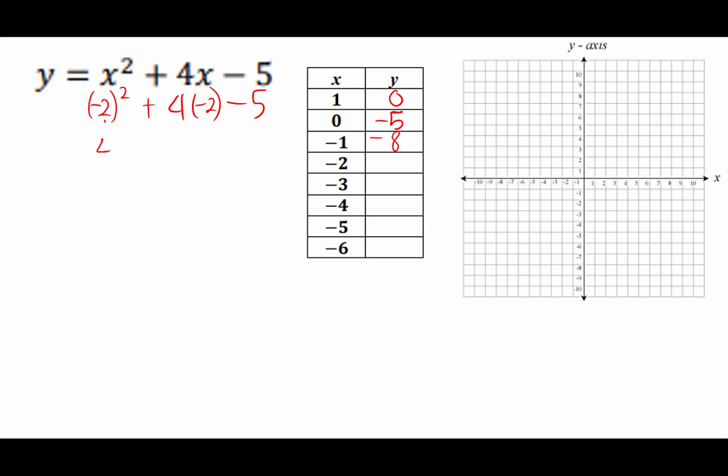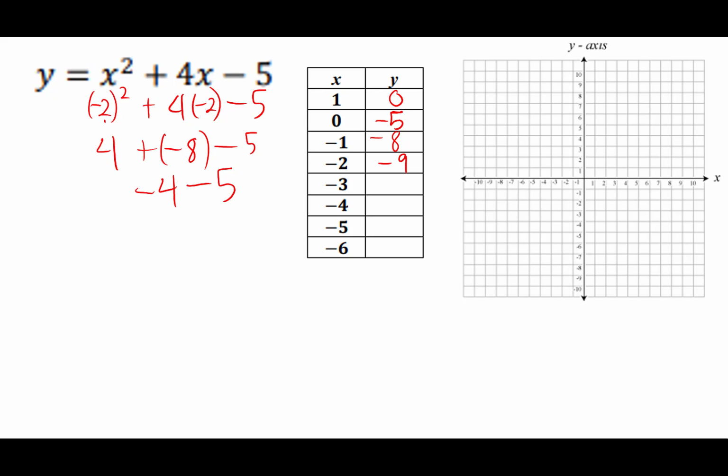Negative 2 squared is 4, plus 4 times negative 2 is negative 8, minus 5. 4 plus negative 8 is negative 4, minus 5, which gives me negative 9.